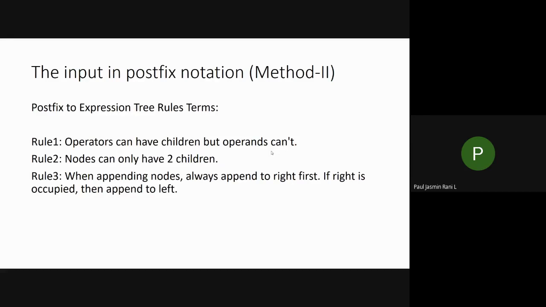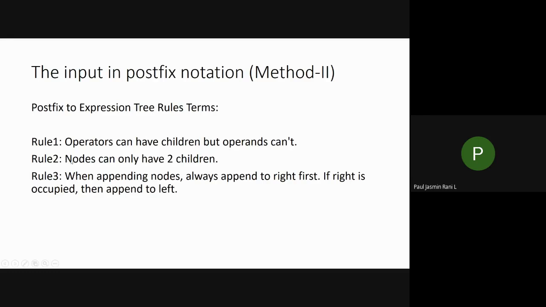If it is a leaf node, definitely you will not have any branches or children. That is the first rule you have to remember. An operator will be placed in an internal node, so definitely that operator can have children.